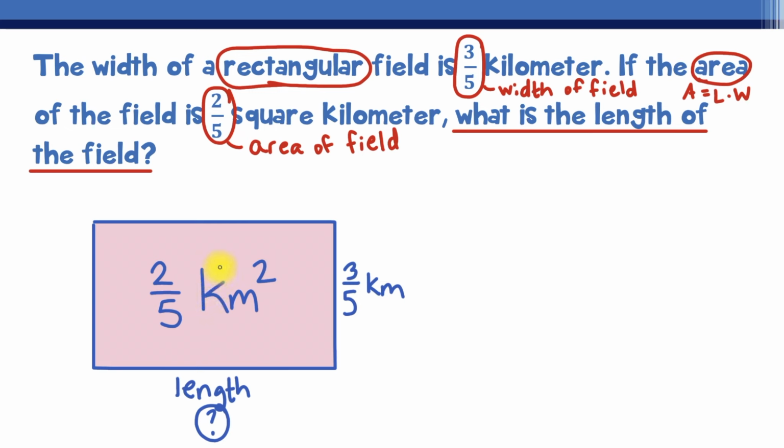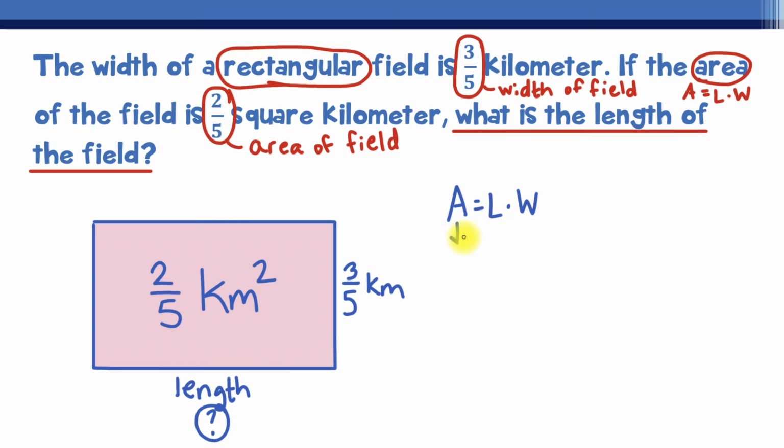So normally, in order to find the area, we would use the area formula. So let's start with that. Area equals length times width. Normally we have the length and width, but this time we don't. What we do have is the area.